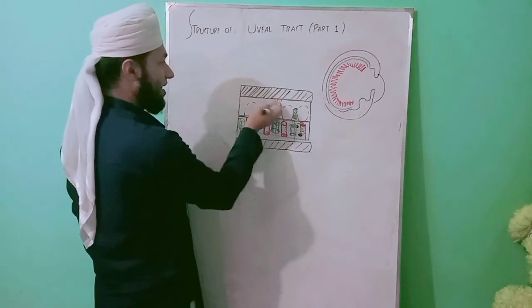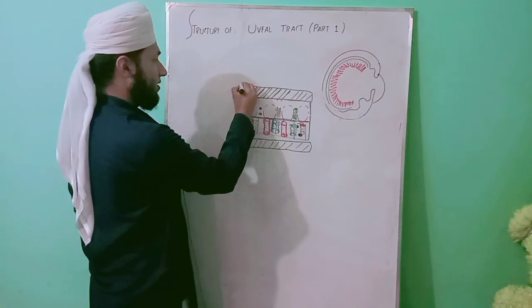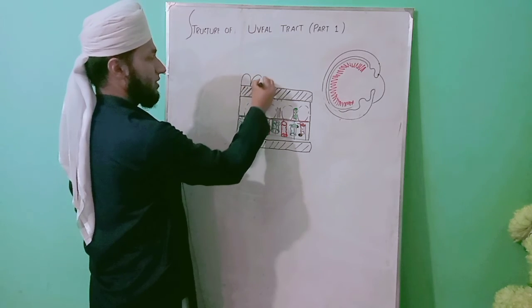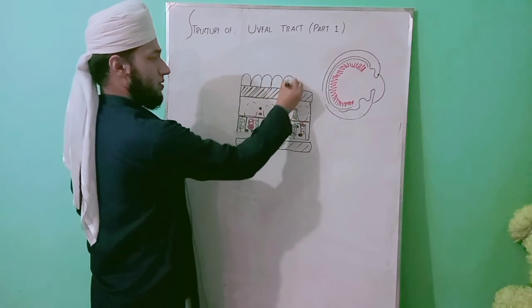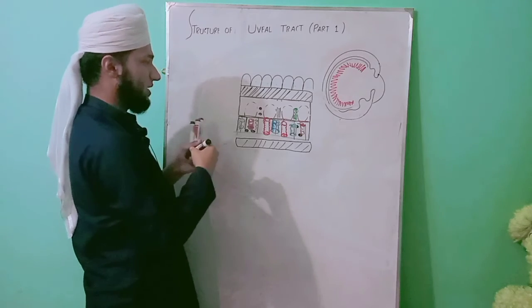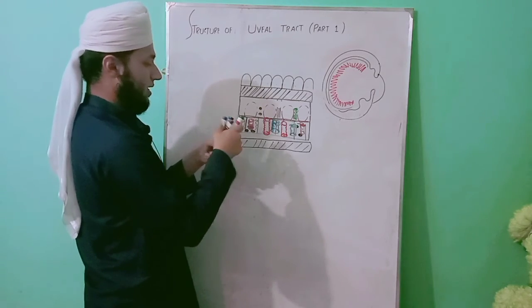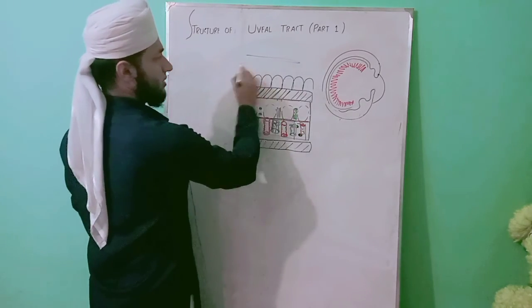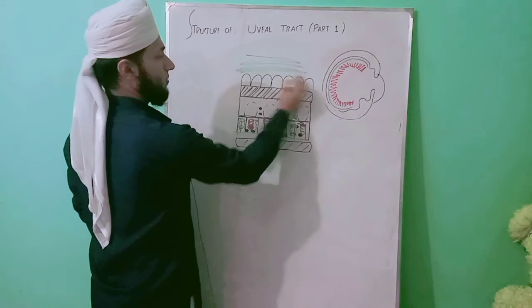What does this mean? That just above this layer the retinal pigmented epithelium is present, and above it there is the nervous layer of the retina.